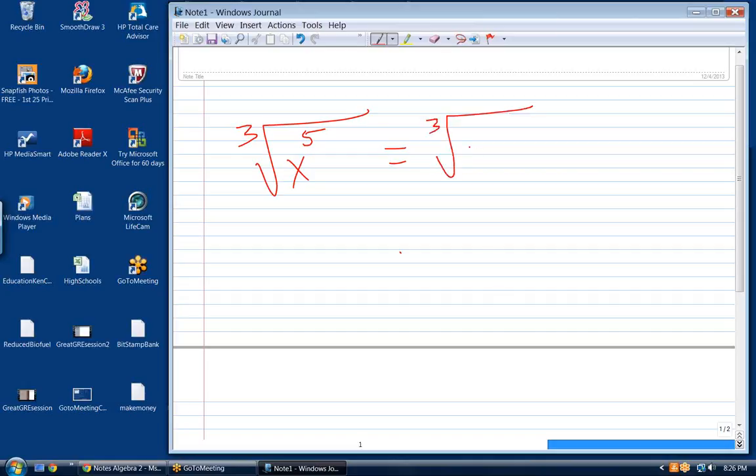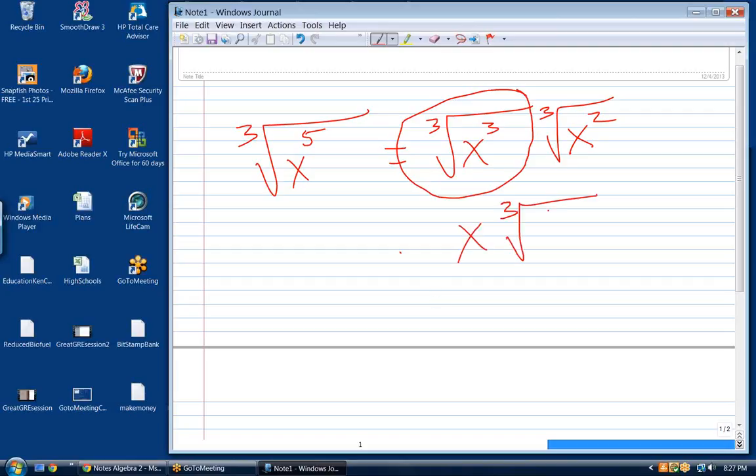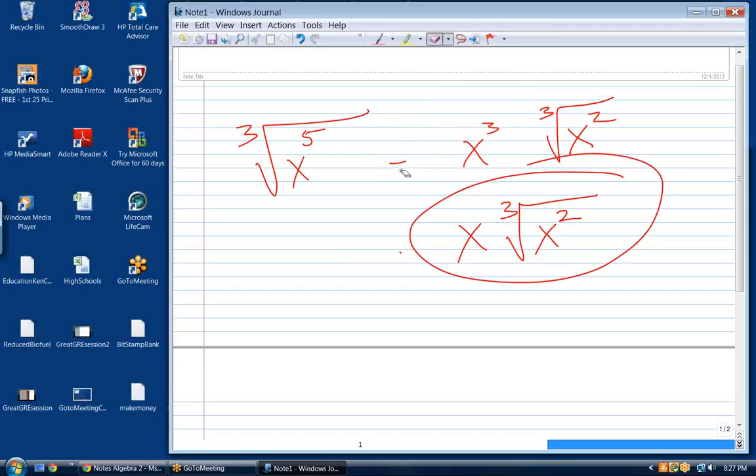In other words, let's take the cube root of x to the 3rd times the cube root of x squared. And then this is equal to just x. And I still have the cube root of x squared left over. Okay. So that's what you do when you're taking these roots of variables. You take as many of the whole ones out as you can get.